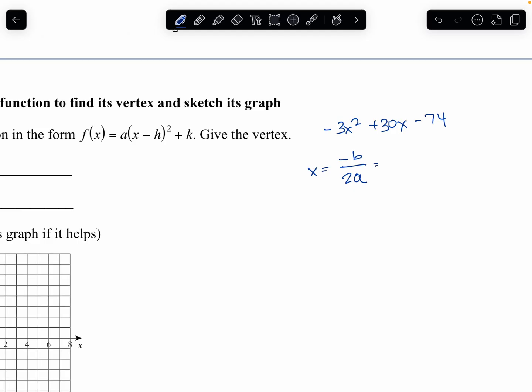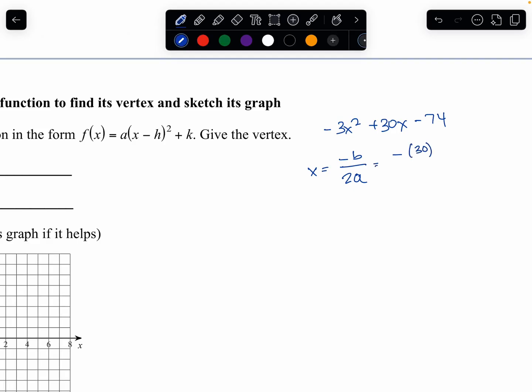In our case, this is b, this is a, and this is c, so b is 30. So -30 over 2 times -3. That's going to be equal to -30 divided by -6. That should come out to be a positive 5.